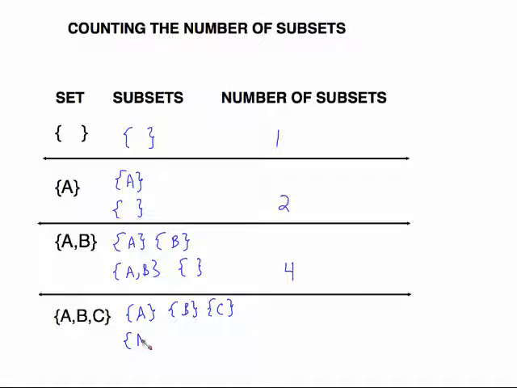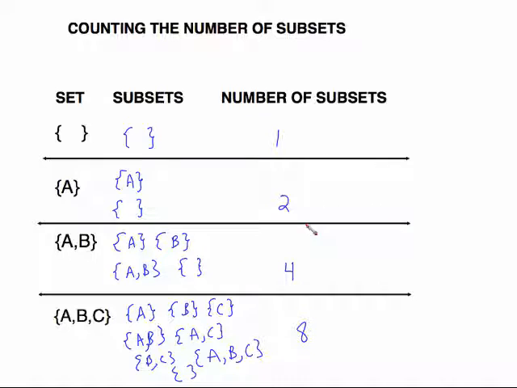You have A with B, you have A with C, you have B with C, then you have the set itself, and of course the empty set, and that's 8.